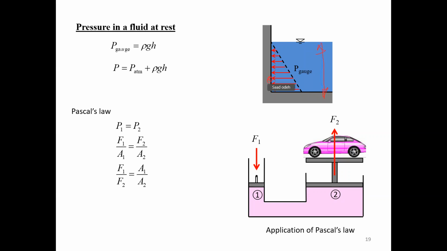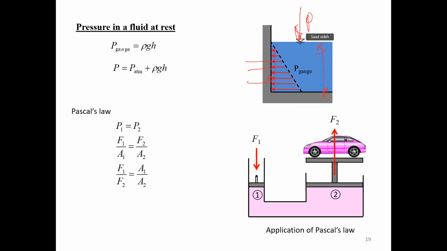At each of these points, we have different pressure. We call this gauge pressure because this is the system pressure. So we always say gauge pressure for the system. Above the system, there's extra pressure here.